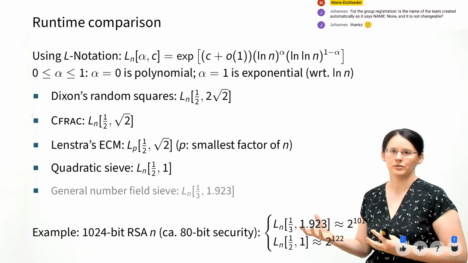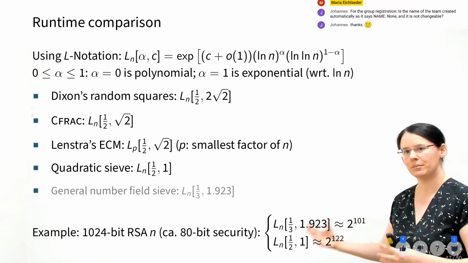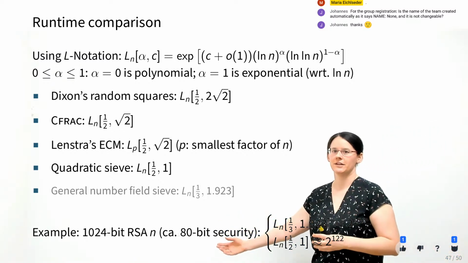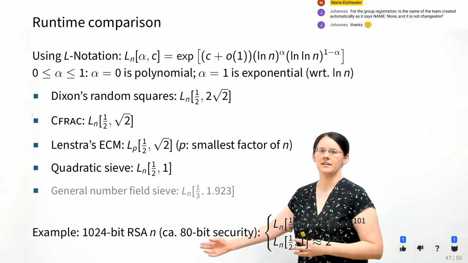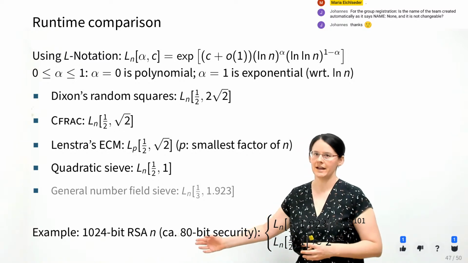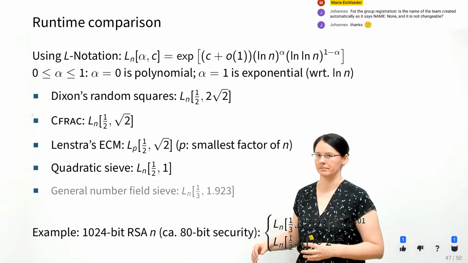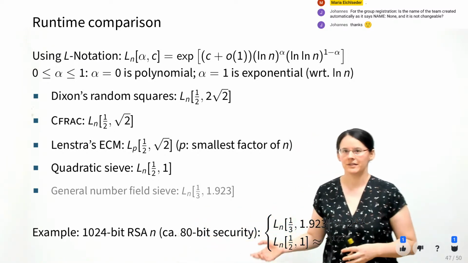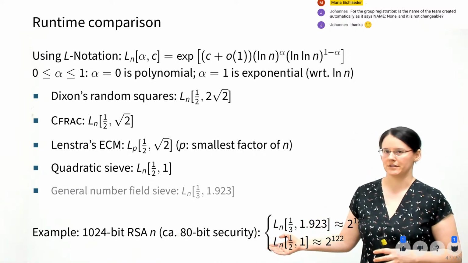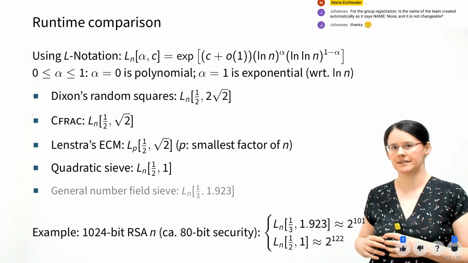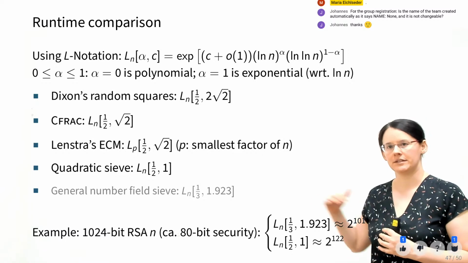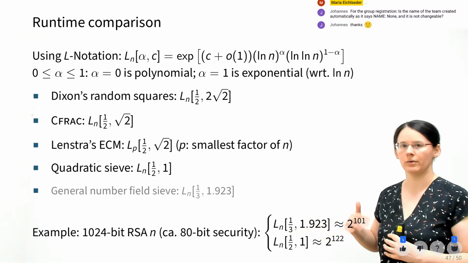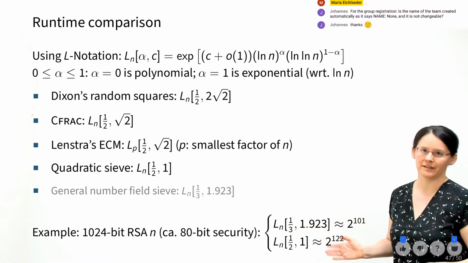So usually when we state something like 80-bit security, we mean it takes at least 2 to the power of 80 evaluations of this scheme, which is more than 2 to the 80 arithmetic operations. And this is the second reason why the security recommendation is usually a bit lower than the actual runtime we get out here.